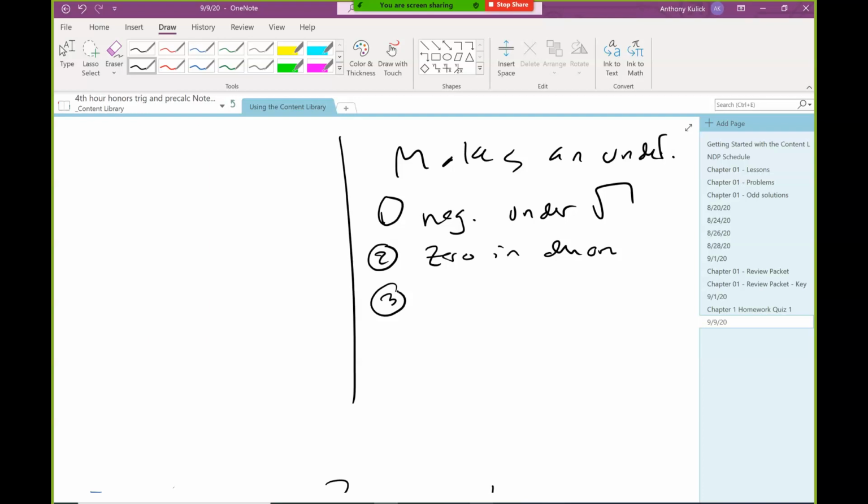Logarithms. If you take a logarithm of a non-positive number, that also gives you undefined. So 0 and less. Note that non-positive and negative are different. What do they differ by?